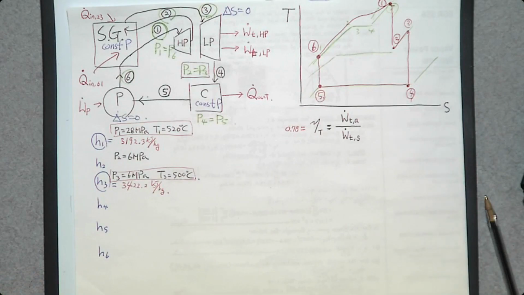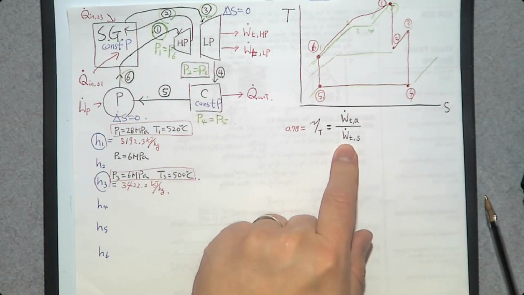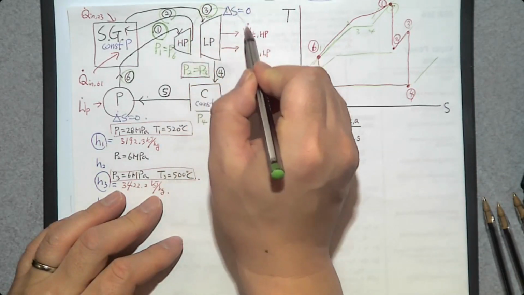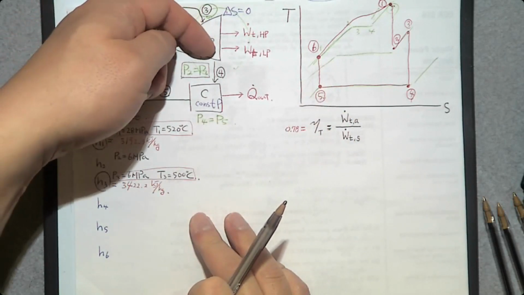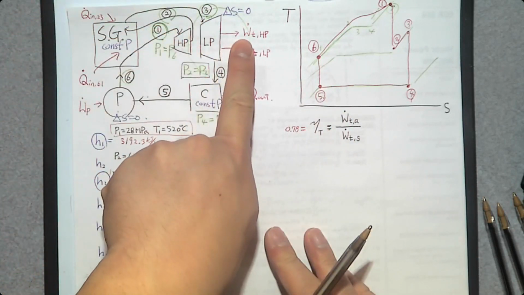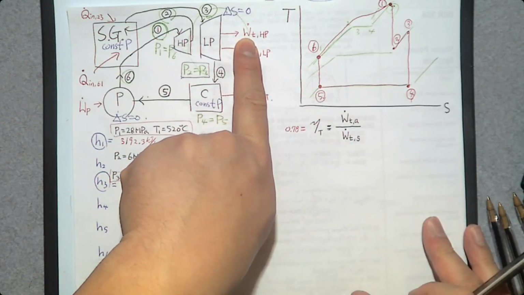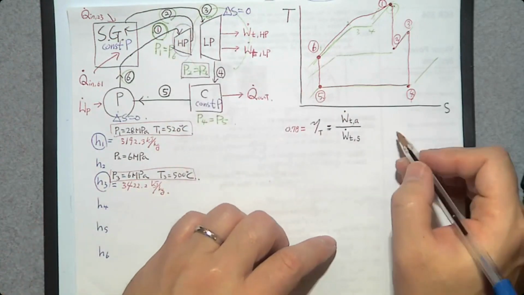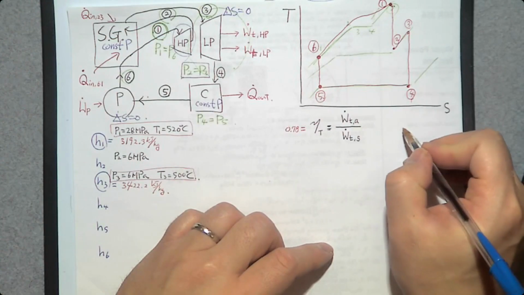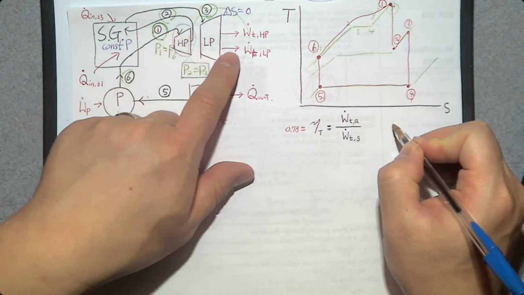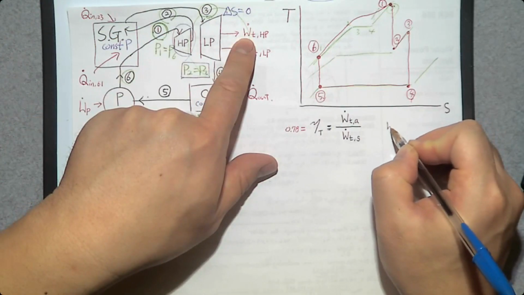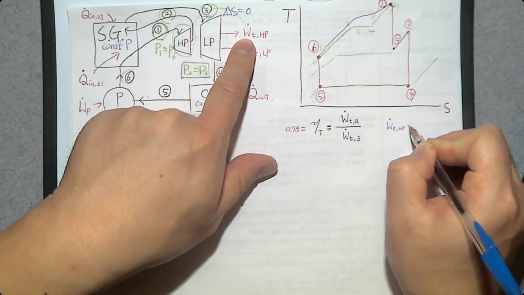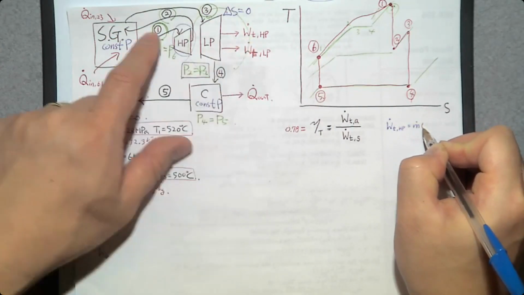Then, how can we determine turbine power? If you look at this turbine, we have one inlet and one exit and one power output. So the energy balance equation for this high pressure turbine is going to be W dot T of high pressure turbine is going to be m dot times the enthalpy difference between 1 and 2.